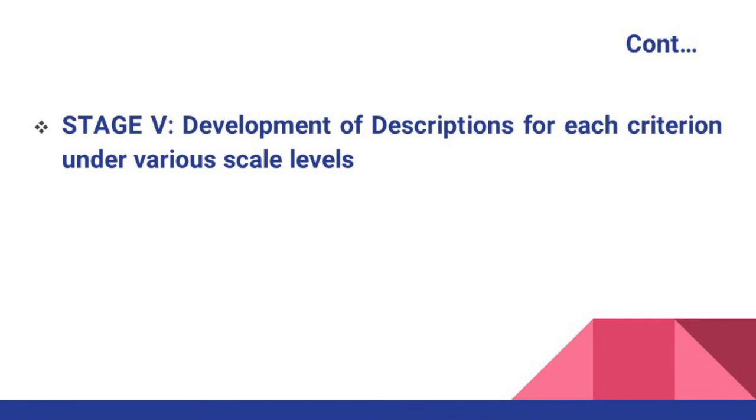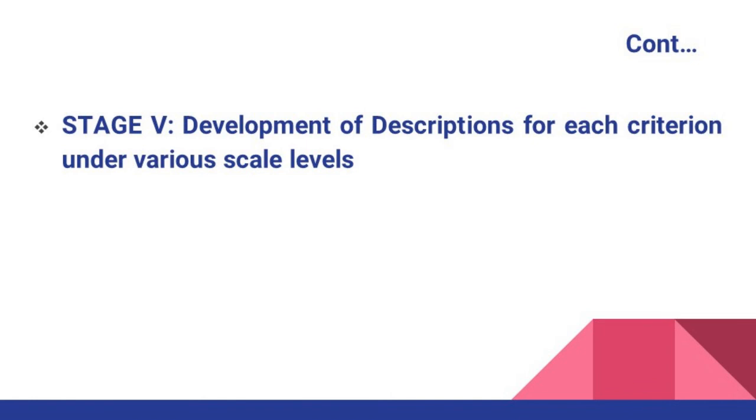Here, we can begin with the top category, that is the highest level of performance, which we have already created and grouped under each criterion. For example, the highest scale level is exemplary, and we have already written these descriptions for each criterion, which now will be placed in the respective boxes of the grade.